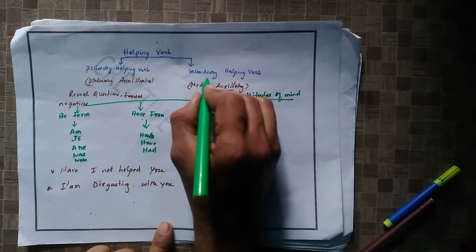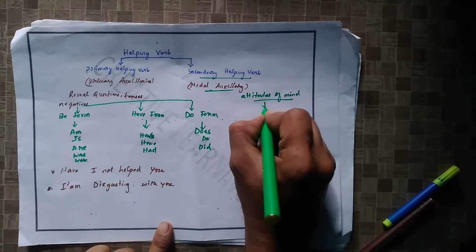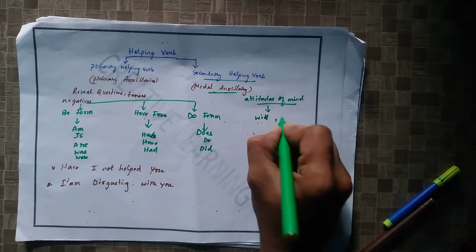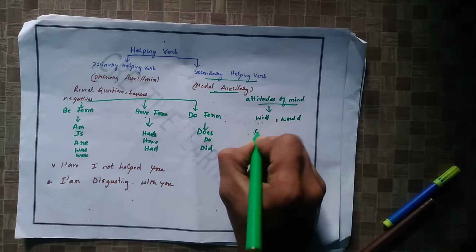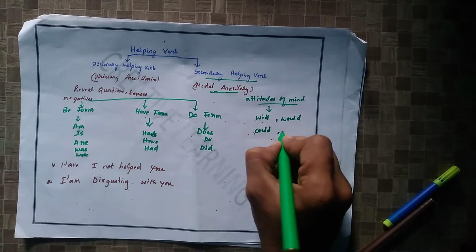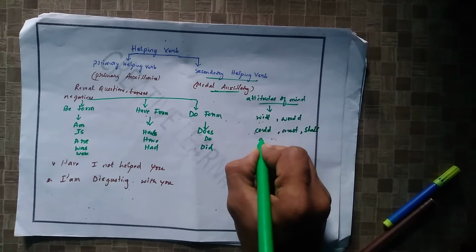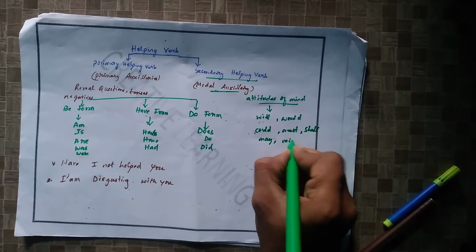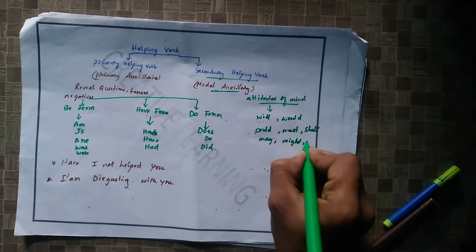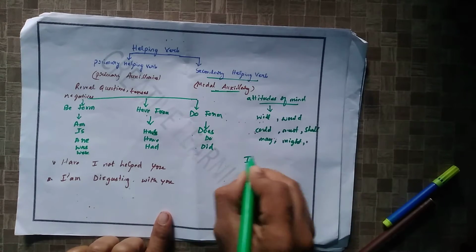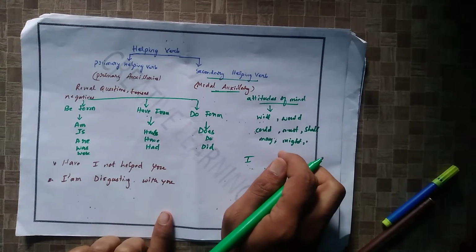This is also called secondary helping verb. We have to use will, would, could, must, shall, may, might, and so on. For example, I will help you by all means.